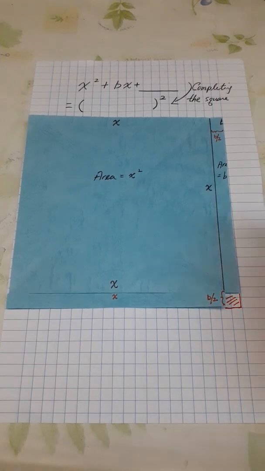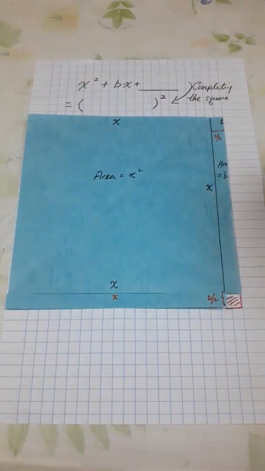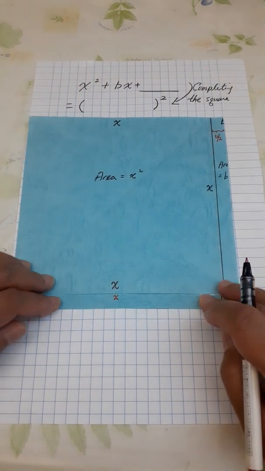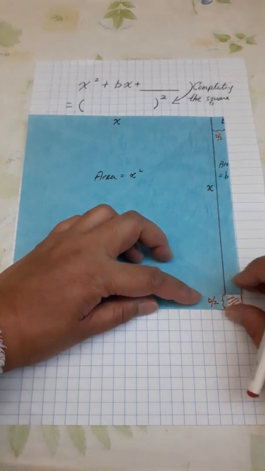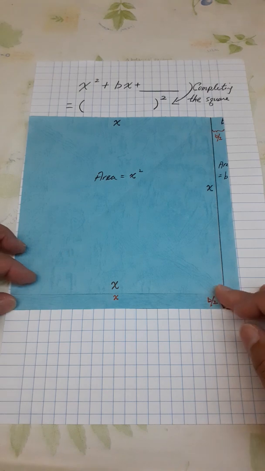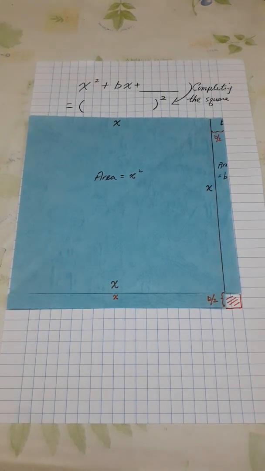Now, what do you think? If I have this corner here and I fill this up, then what is these shapes at the end? Now we can check.